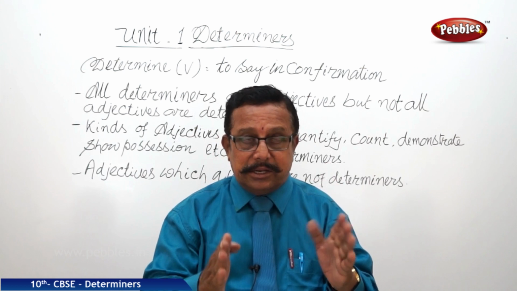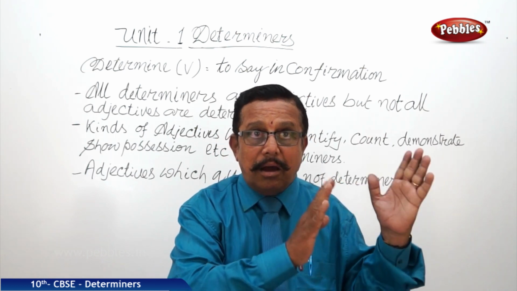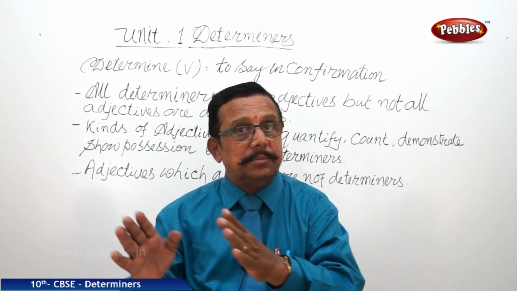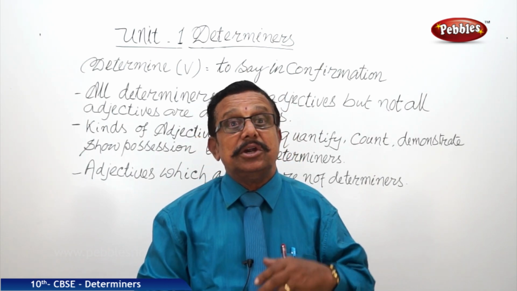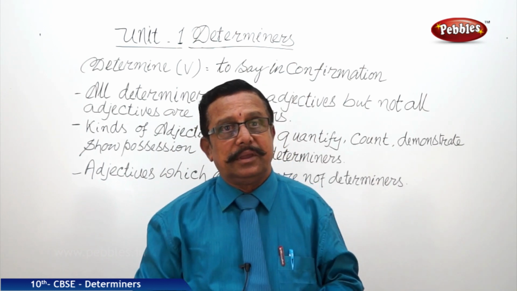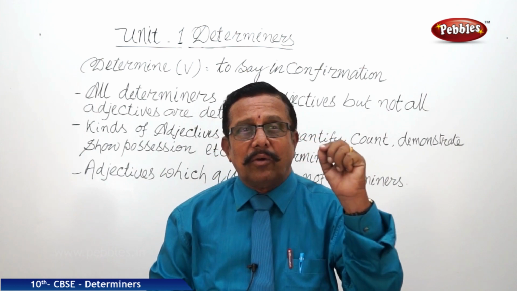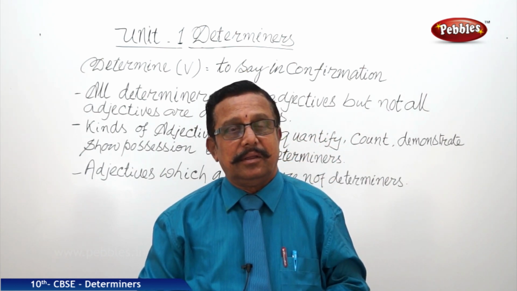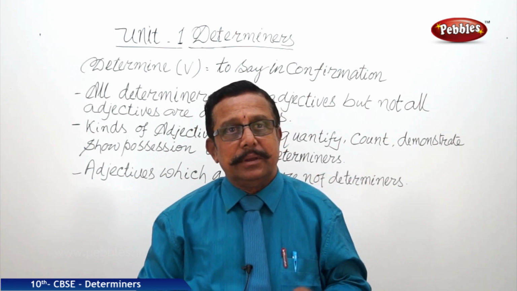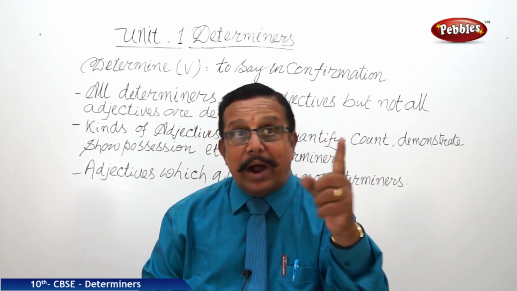All determiners are adjectives, but all adjectives are not determiners. There are certain words which describe, qualify, and talk about the quality of a certain thing. Blackboard: black is a qualifier, but it is not a quantifier.